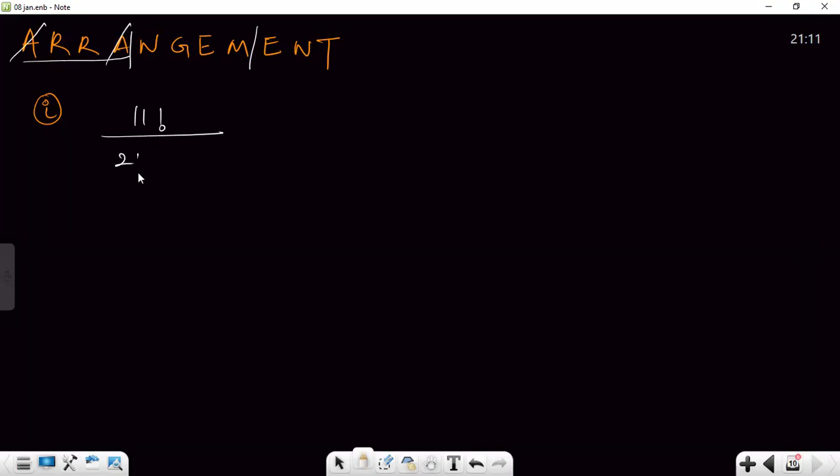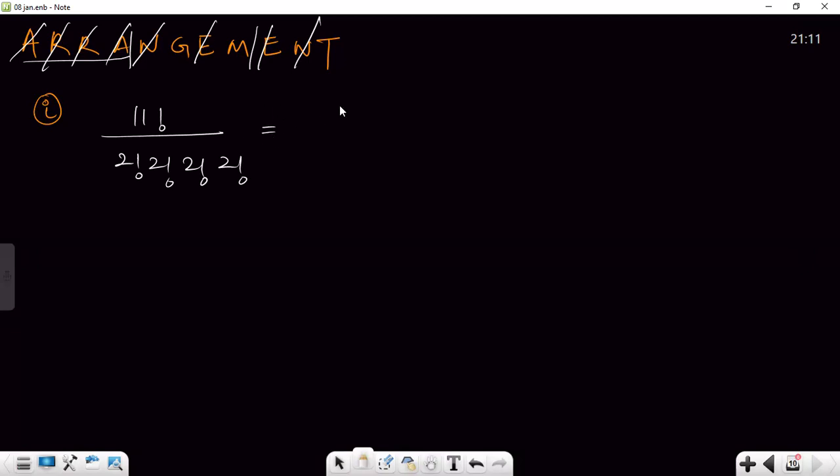A is repeating twice. R is repeating itself twice. N is repeating itself twice. G is not repeating. E is repeating itself twice. So many repetitions; nothing else is repeating.